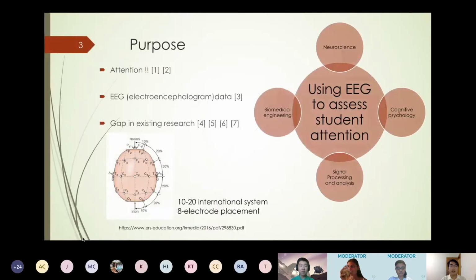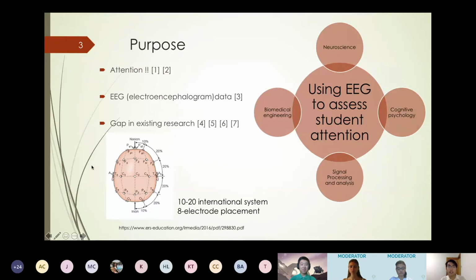First, my research is a bit of a combination between engineering education and data analytics. As we all know, in engineering education, attention is the key for learning experience. And how do we assess attention? With the development of neuroscience technologies, EEG, electroencephalograph data, has become more and more popular for researchers to use to assess the student attention as well as other types of brain activities, because they non-invasively reflect the brain activity of patients and participants.